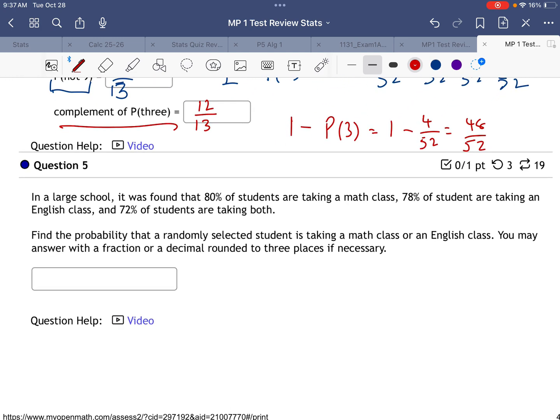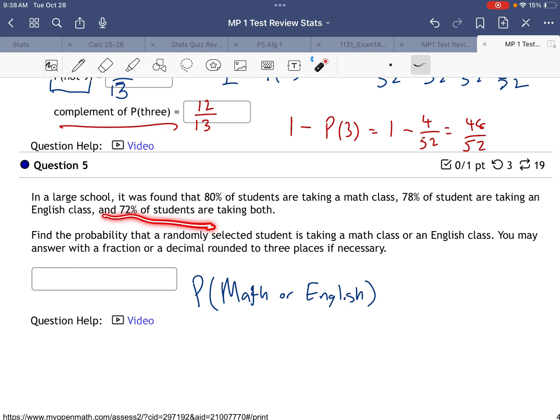The last question here is saying, in a large school, it was found that 80% of students were taking a math class, 78% of students were taking an English class, and 72% of students were taking both. They want us to find the probability that a randomly selected student is taking a math class or an English class. So we're looking for the probability of math or English. These are not mutually exclusive, and I know that because they're giving us what that overlap would look like.